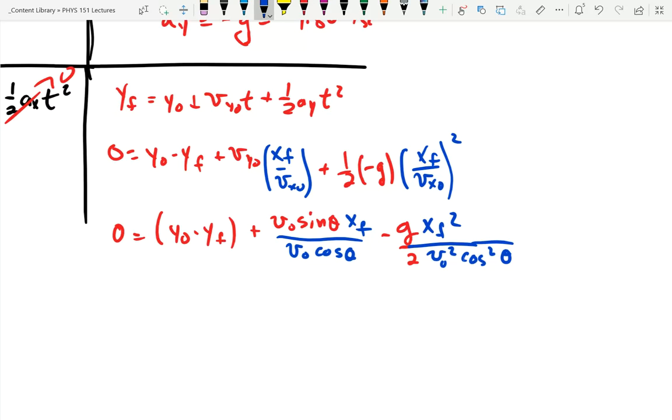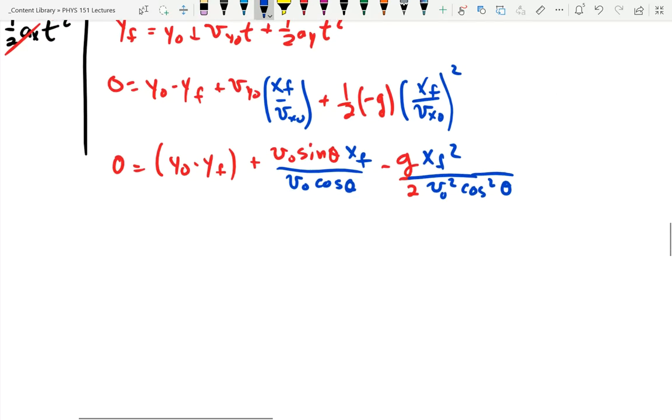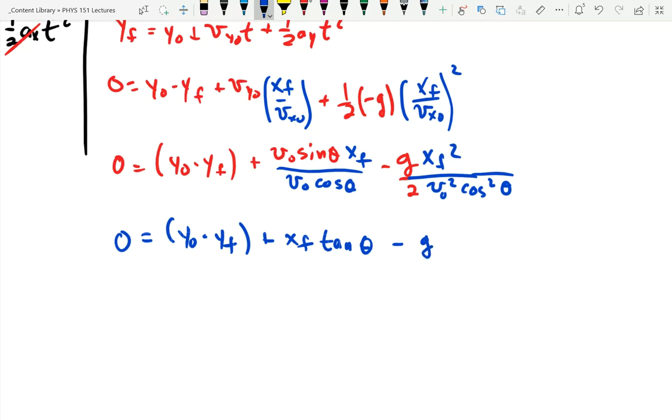So there I've made my substitutions. And what do we have? And now is when you start to hate life a little, because you had tangent and 1 over cosine squared.